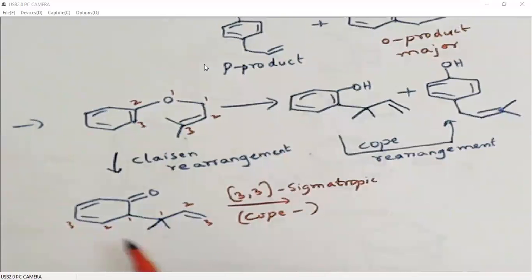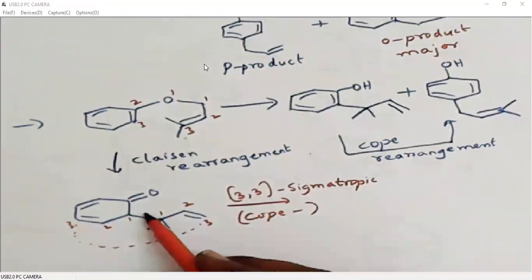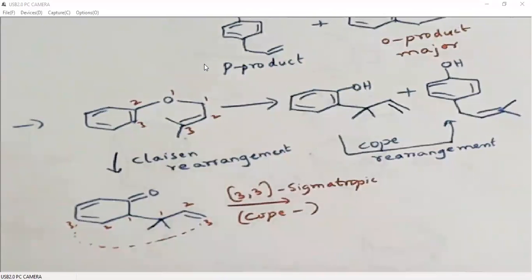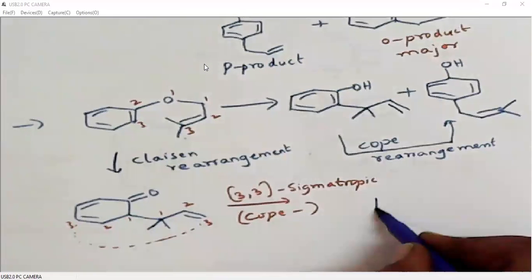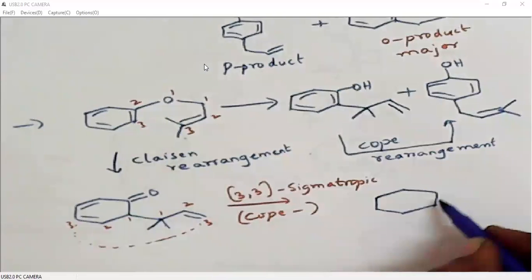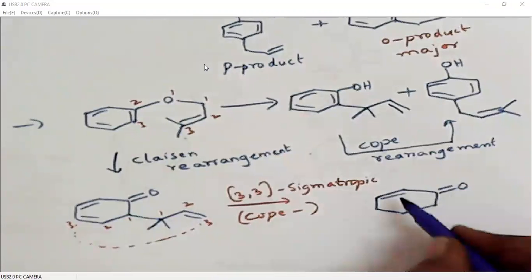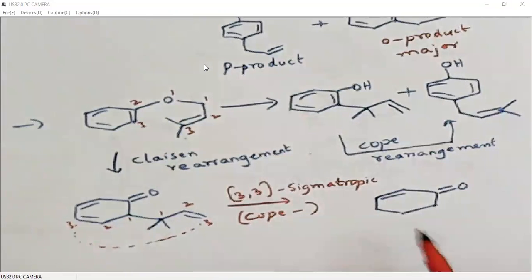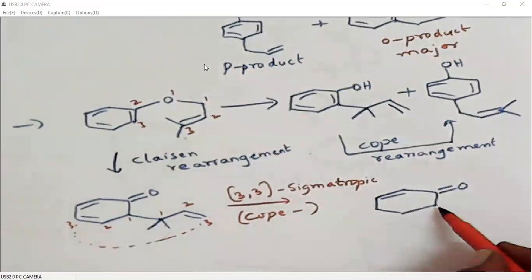Now again, this 3,3 bond will be generated, then the 1,1 bond will be broken. So it generates, it was there initially, then 1, 2, 3.